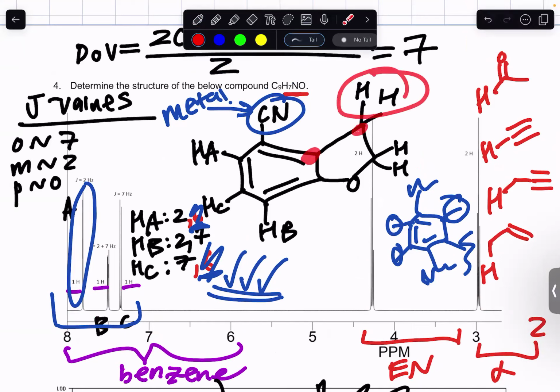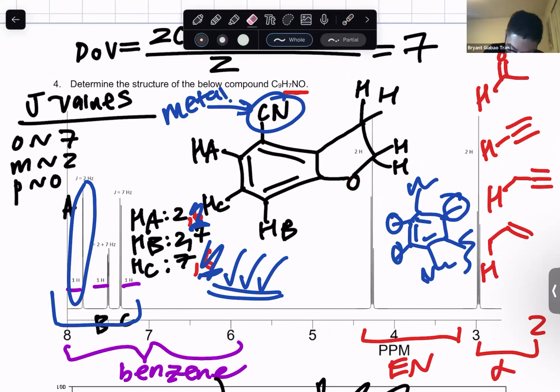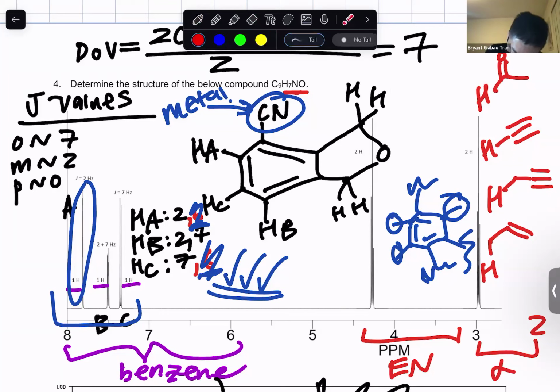Yeah. And last question. How do you know the oxygen is in that place but not in the other carbon? Right. Let's try that. That's why there's a lot of trial and error. If we put the oxygen here, these two hydrogens will have no neighbors, singlet. Singlet as well. But that's not singlet.